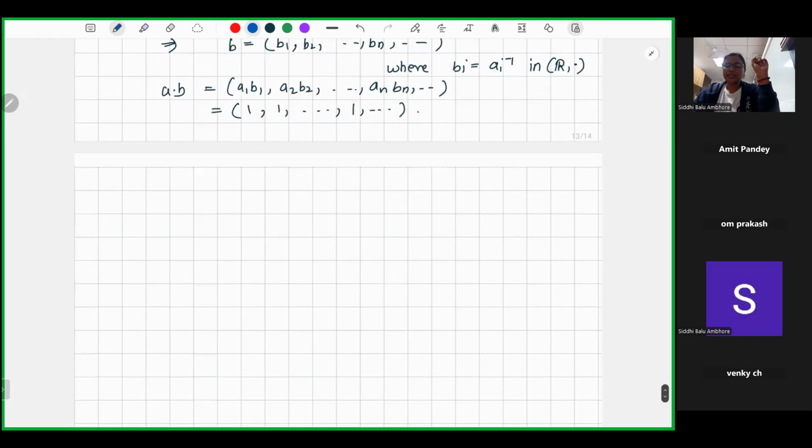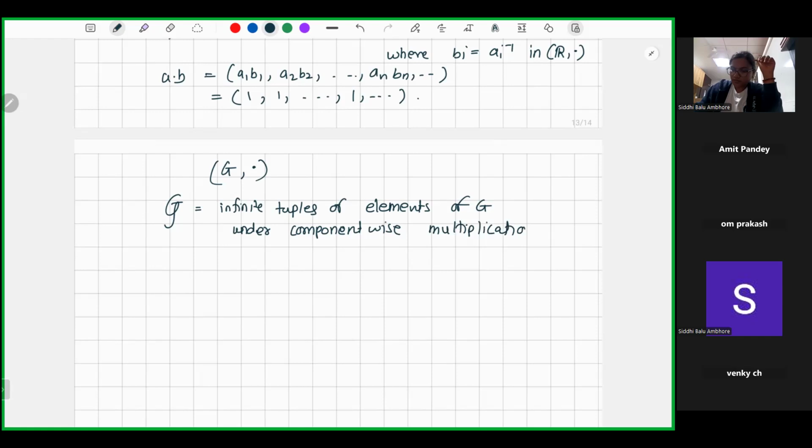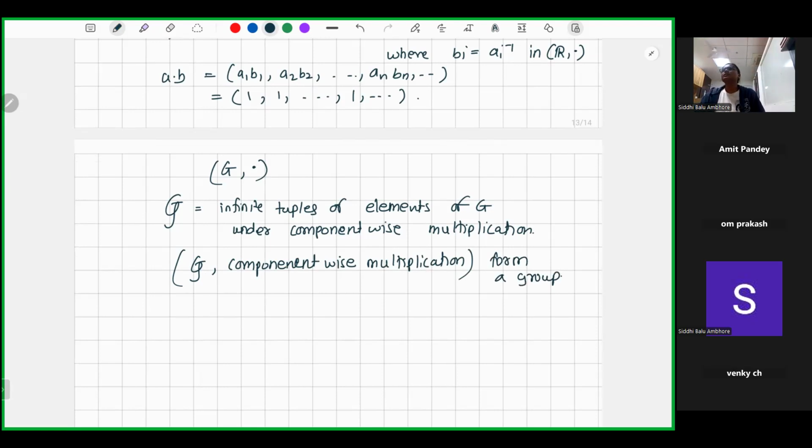If you have any group G with multiplication, and if you take script G to be the infinite tuples of elements of G under component-wise multiplication, then this script G under component-wise multiplication will still form a group. This one needs to be understood.